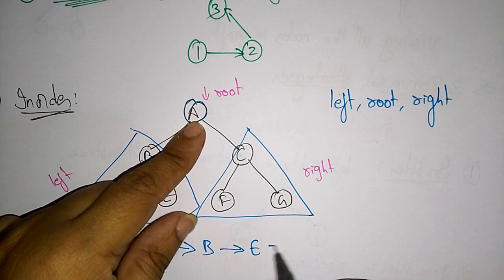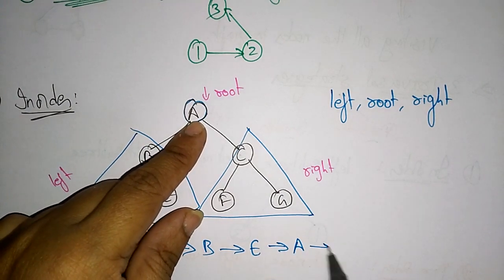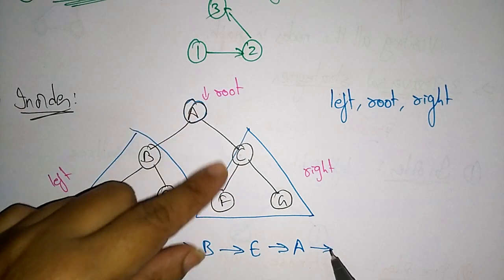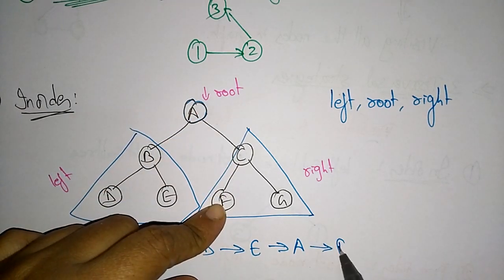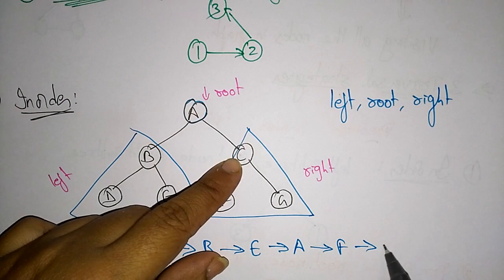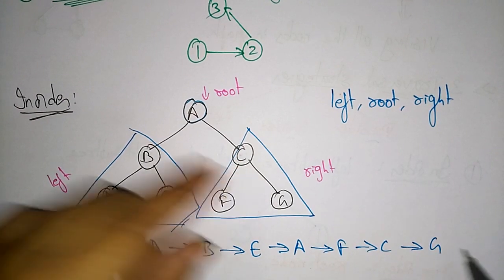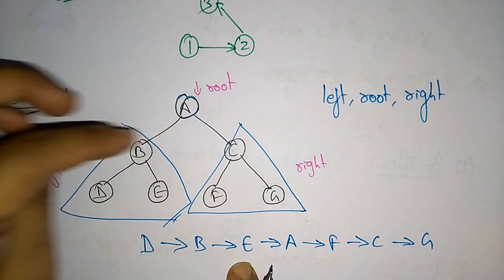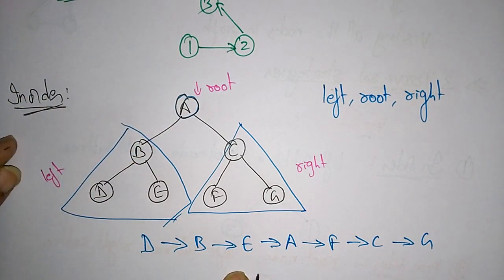Now coming to A, the left subtree of A is F, the root is C, and the right is G. So this is how it visits one node after another by using the Inorder technique.